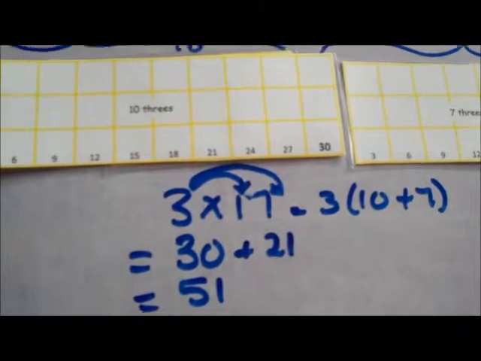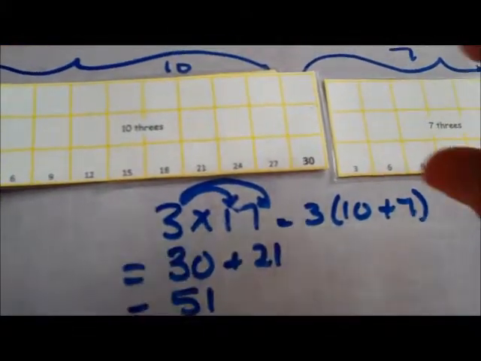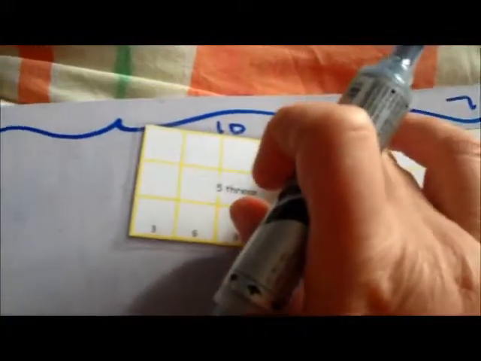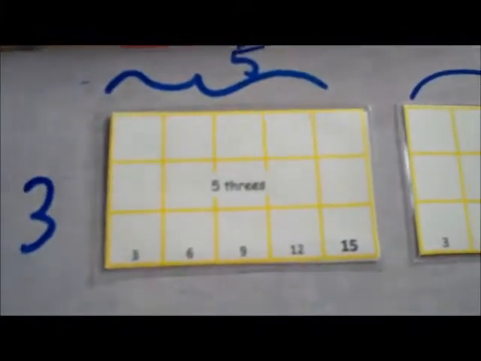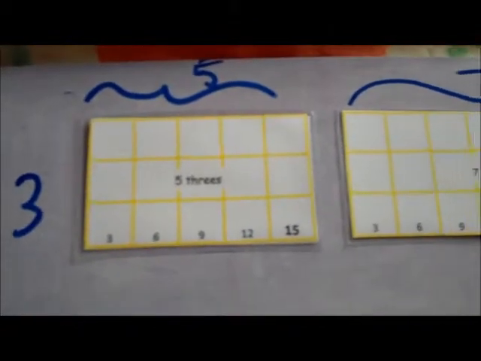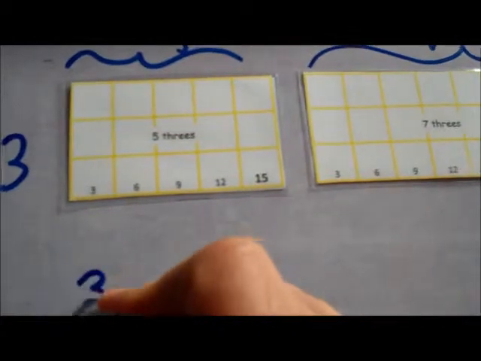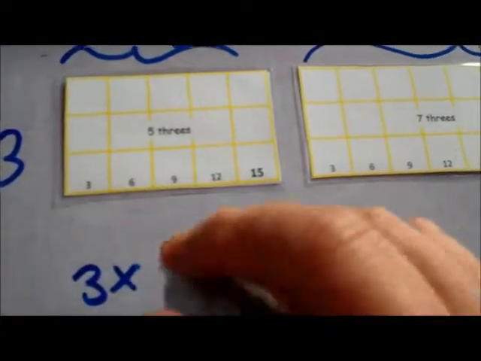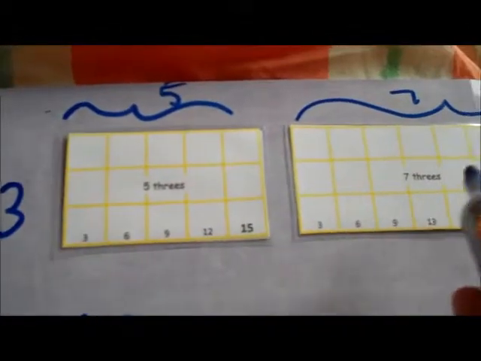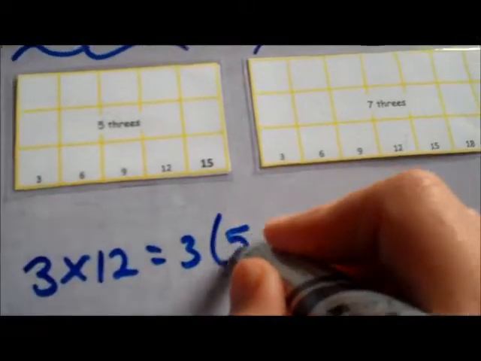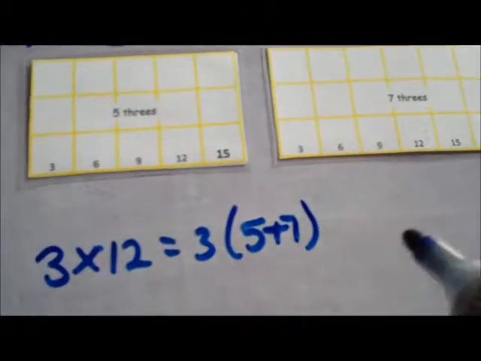It doesn't have to be a 10. It could be a 5. So if I've got 3 lots of 5 plus 7, okay, so 3 lots of, this is actually 12, isn't it? 5 plus 7 is 12. And I could think of it as 3 lots of 5 plus 7.